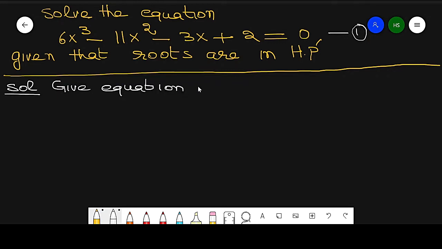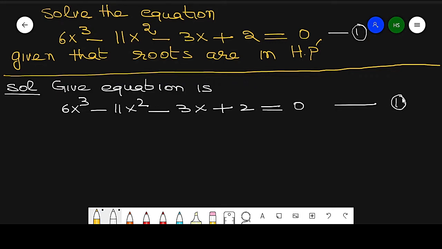The given equation is 6x^3 - 11x^2 - 3x + 2 = 0, which is equation number 1. Now the roots are in HP, so we transform this equation into a new equation whose roots are reciprocal to the roots of equation number 1.